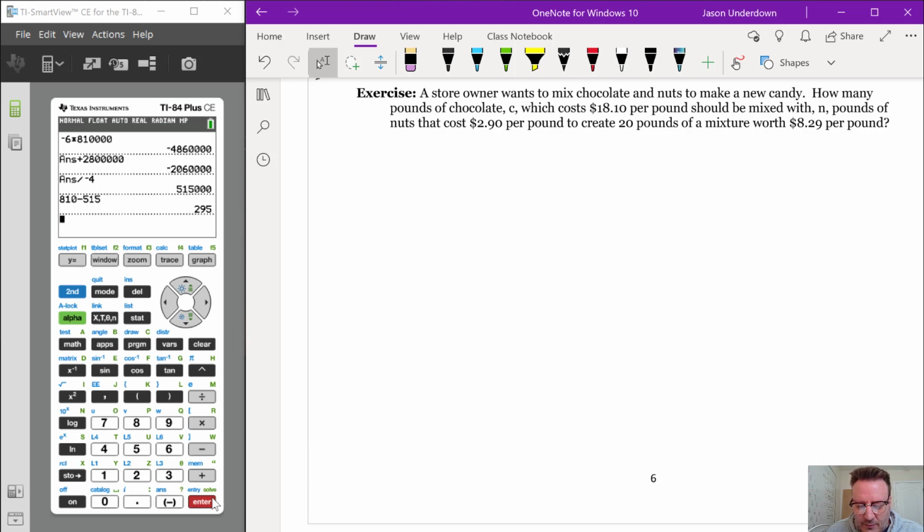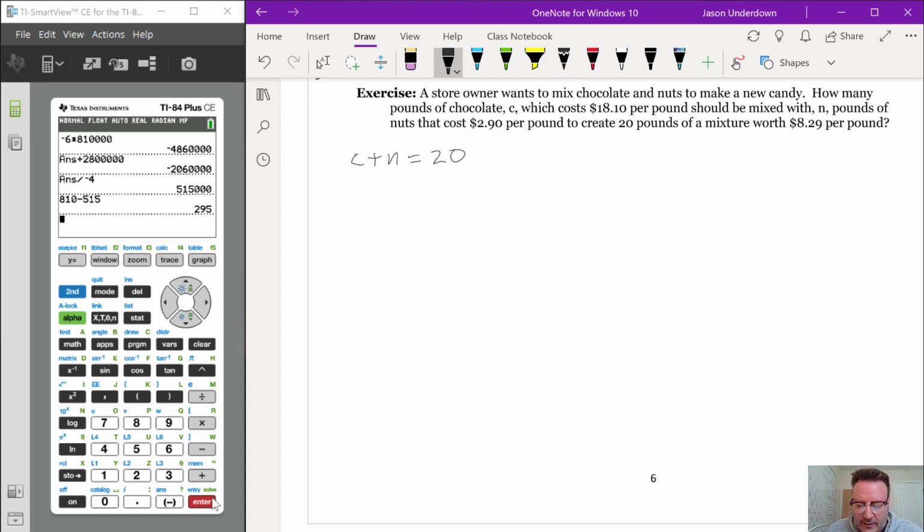I think the simplest would be, we want to create 20 pounds of this mixture, 20 pounds in total. So, since the units of C and N are both pounds, when we add C plus N, that has to be 20. Okay, so the first equation is C plus N equals 20.